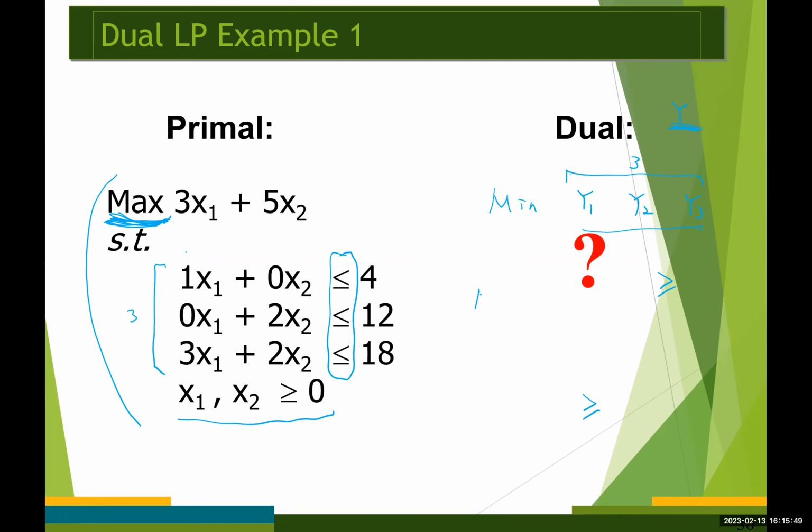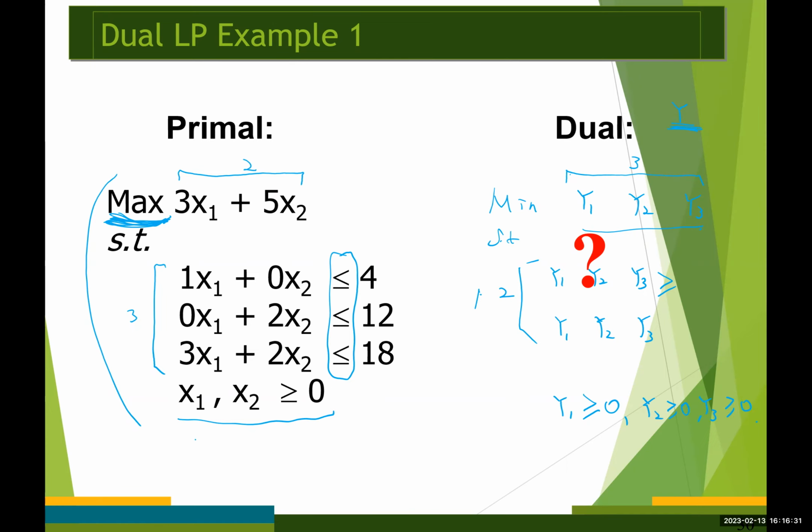And in the primal system, we have only two decision variables, right? Which implies that in the dual system, we are going to have only two constraints, okay? And so I'm gonna just write it down, y1, y2, y3, two times. And actually, I'm gonna write it one more time because we do need sign restrictions for every dual variable, right?